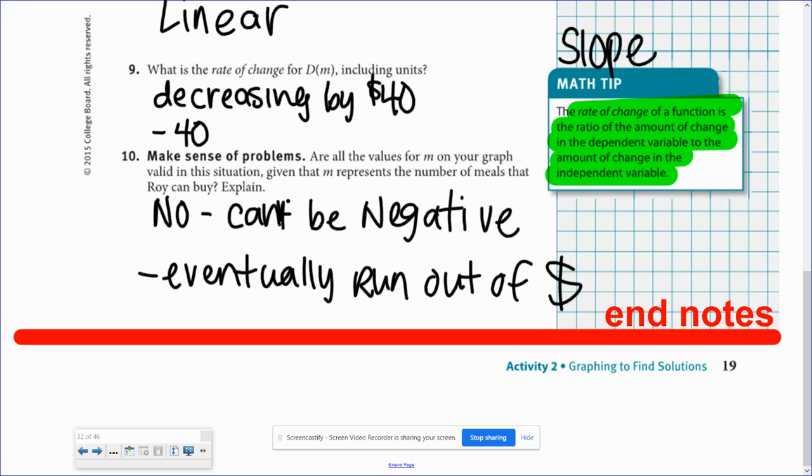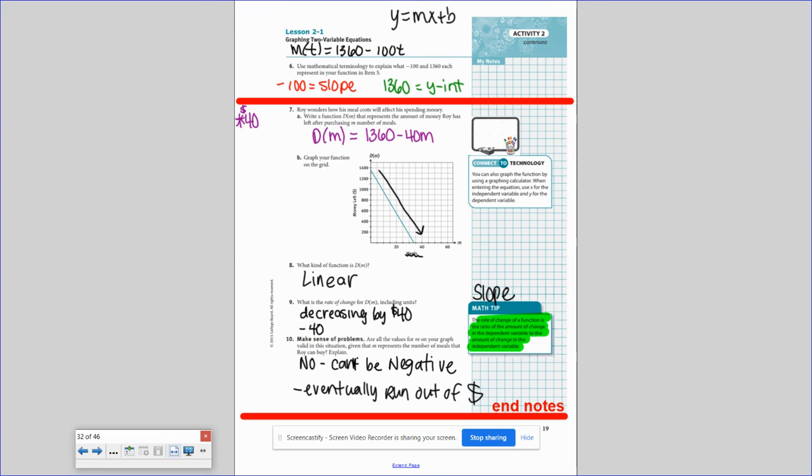So he can't have like 100 meals, say. He doesn't have enough money for that. Okay, so we can't have negative meals. Those values wouldn't make sense for m, and we can't have numbers that are too big for m either, because then you're going into the negative. And remember, Roy only wants to spend his winnings from his contest. He doesn't want to spend any of his own money.